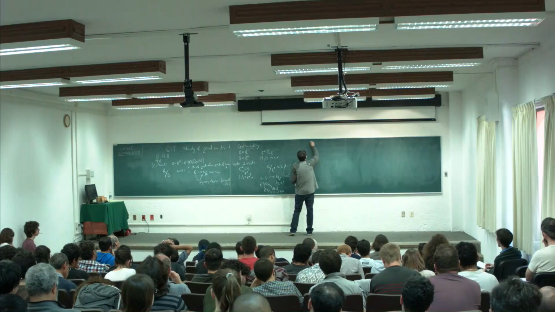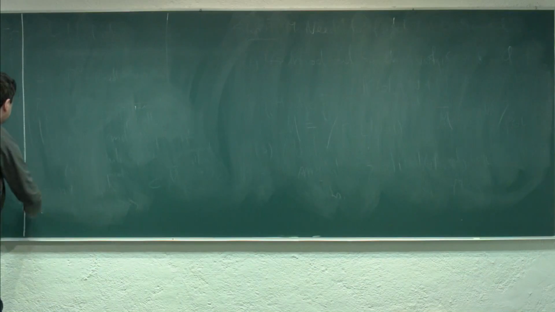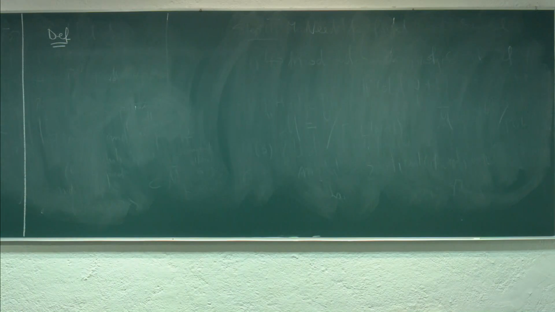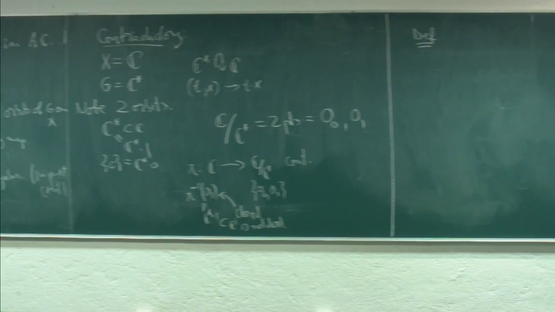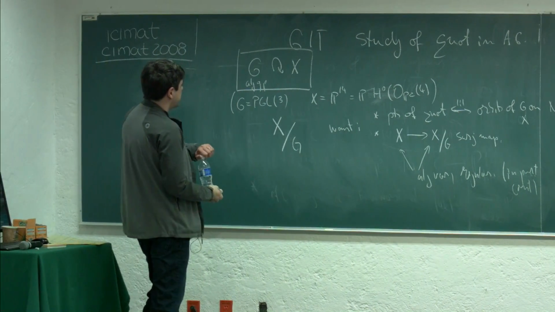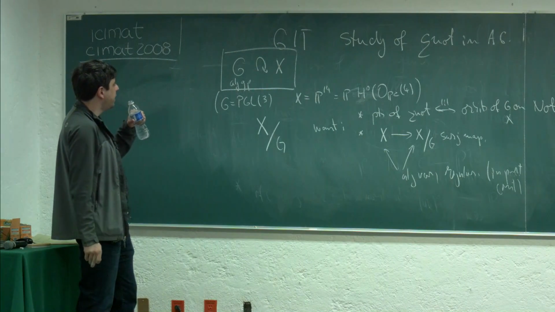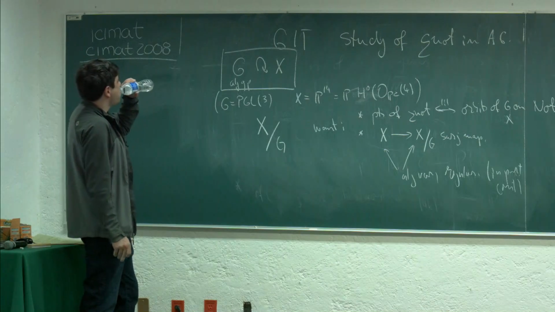So let's put here two definitions. Today, G and X will always stand for an algebraic variety and a group acting on it.